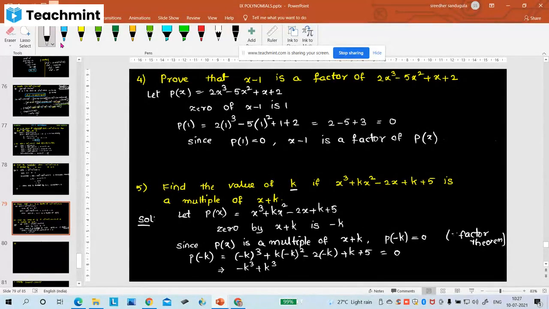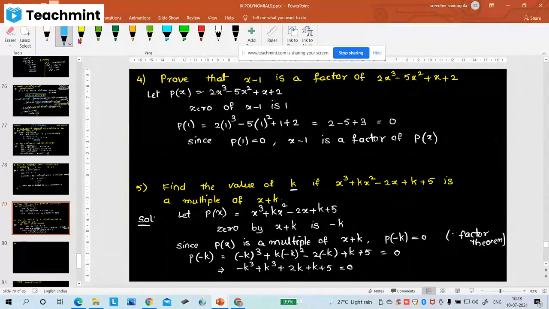First simplify the exponent, then only multiply. Minus k whole square is k square, into k gives k cube. Now here you can multiply because k doesn't have an exponent. Minus into minus plus, 2 into k, 2k, plus another k, plus 5 equals 0.